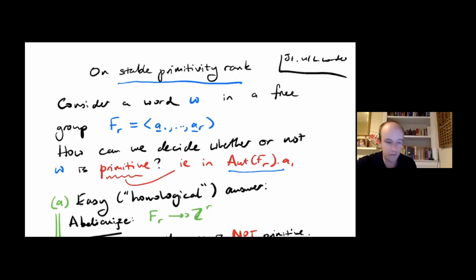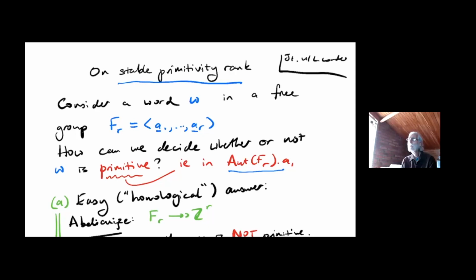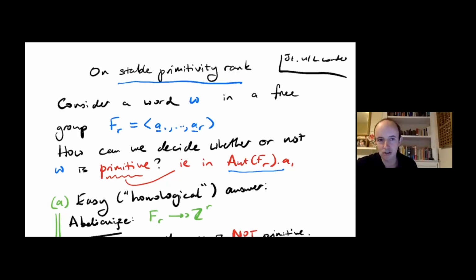The automorphism group of a free group is really big, and it acts on any one of these generators and gives you a lot of other generators. These are the primitive elements, and they're quite a big set inside your free group. There's an awful lot of them because the automorphism group is very big. So it's a very difficult task in general to figure out whether or not your word W was primitive.